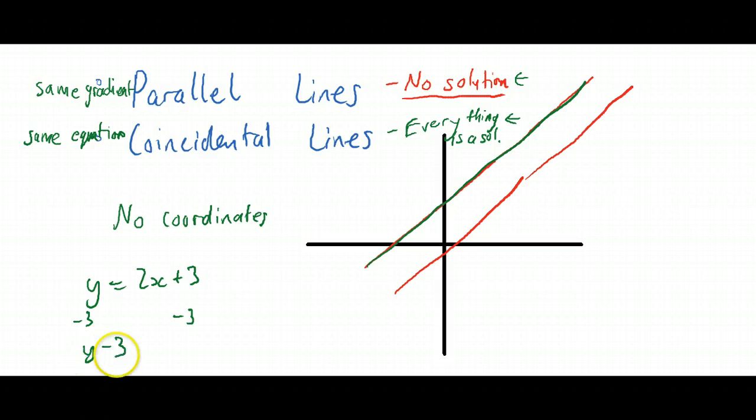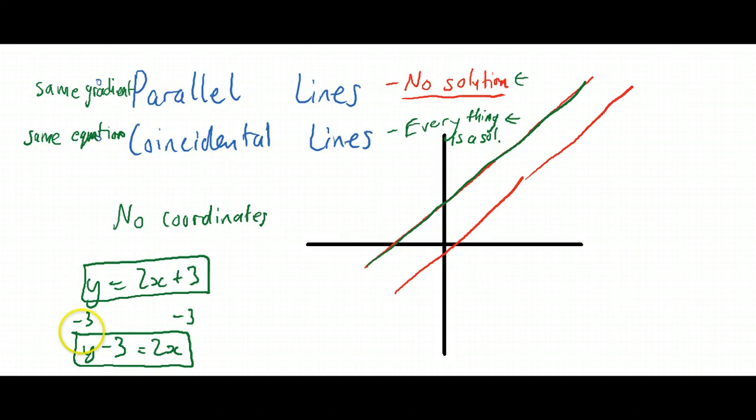And now it's y minus 3 equals 2x. Those two equations are really the same equation. They look a bit different, but on a graph they're going to be exactly the same, right on top of each other. So don't think you'll always know when you're looking at two equations that are exactly the same.